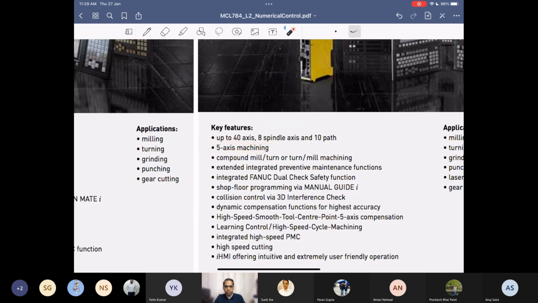It means that you will be able to do interpolation in all the 5 axes at the same time. Whenever we say 5 axis machining, it means that the controller of a machine can control motion in all the 5 axes at the same time. Now these 5 axes will be a combination of linear and rotational axes.